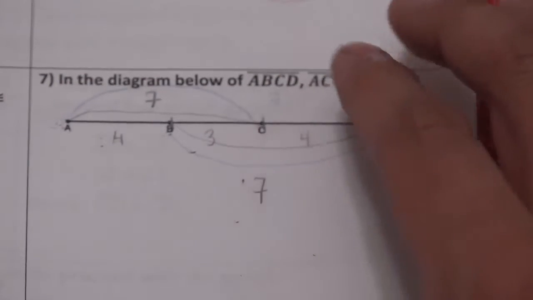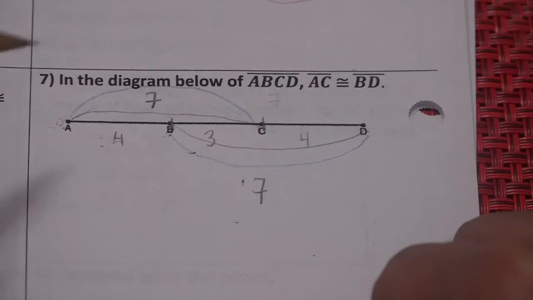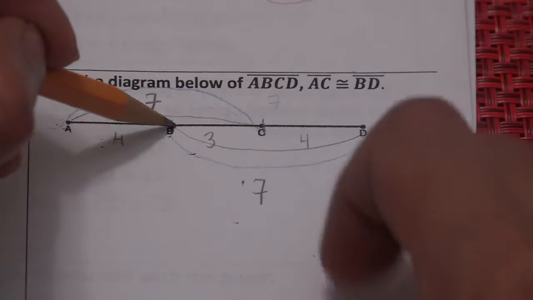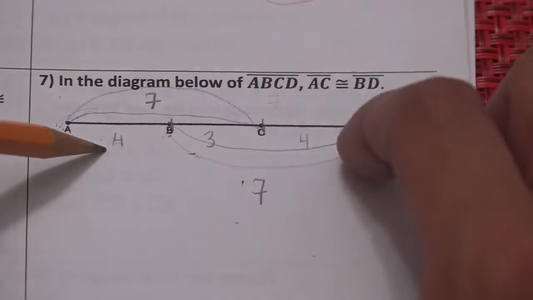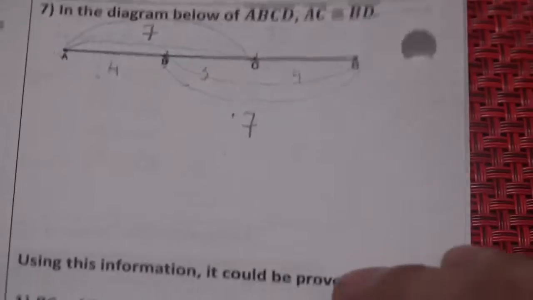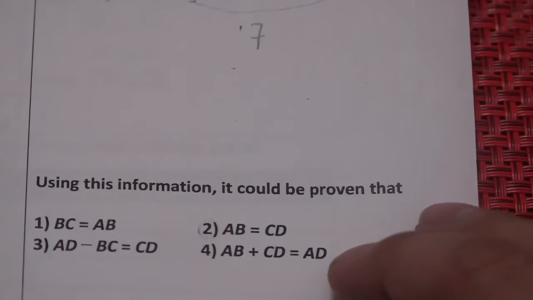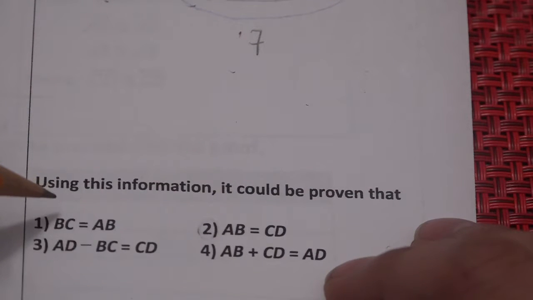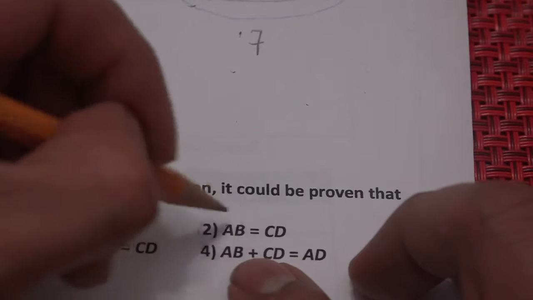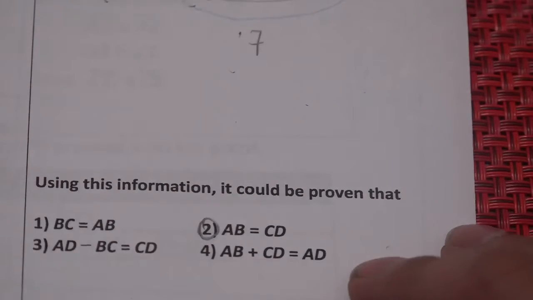I can always conclude that AB is congruent to CD, or DC. So I conclude that AB is congruent to CD.